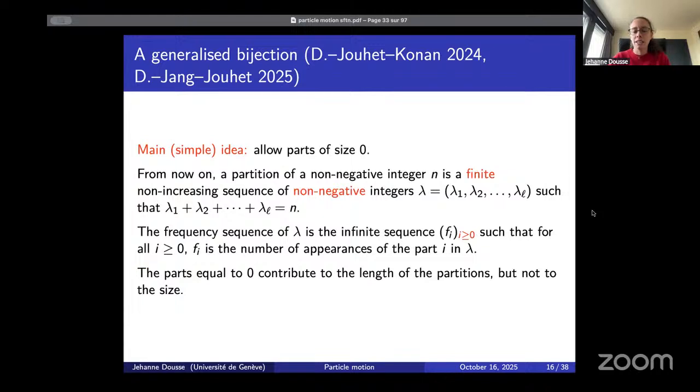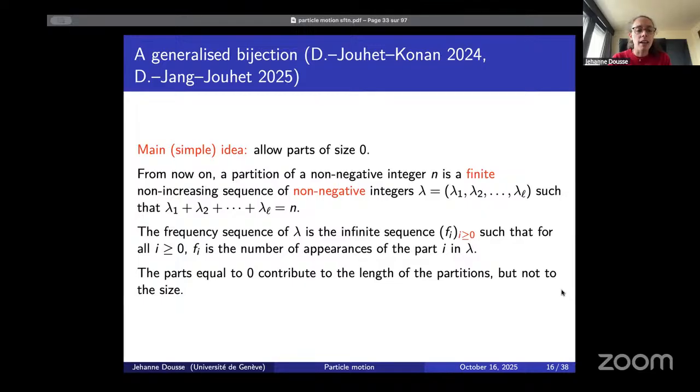So let me slightly modify the definition of partitions. Instead of being non-increasing sequences of positive integers, now it will be non-negative integers. And the frequency sequence, instead of starting at 1, will start at 0. So we will have also a certain number of appearances of the part 0 in the partition.